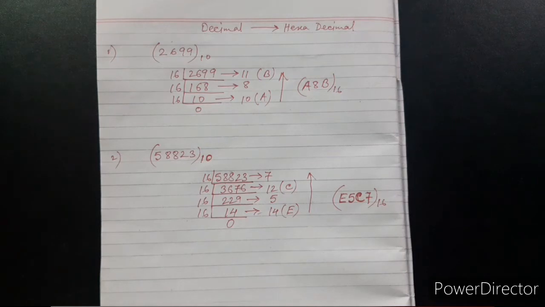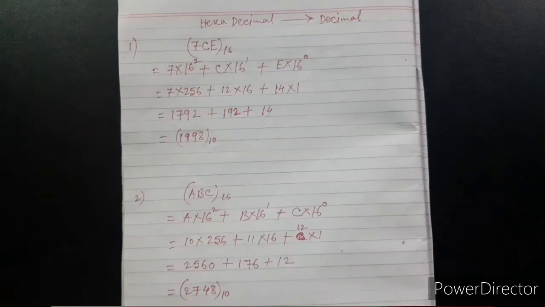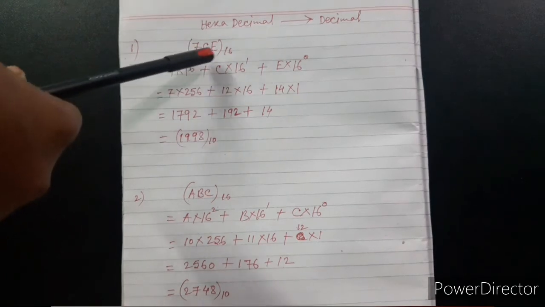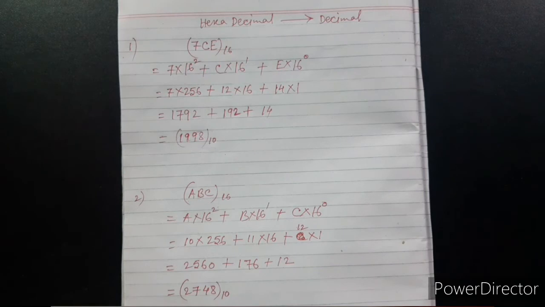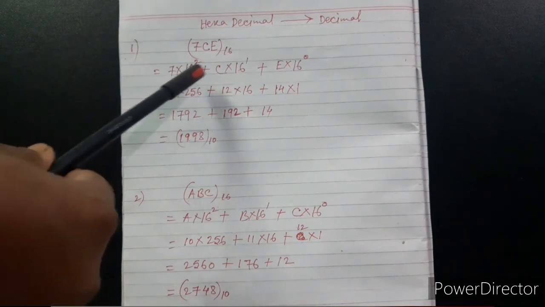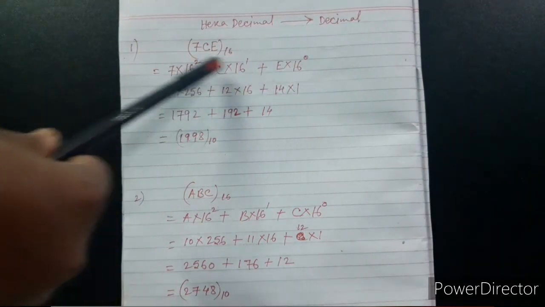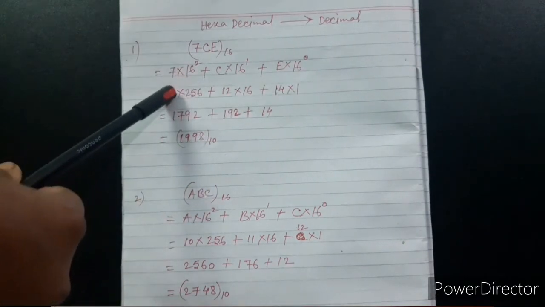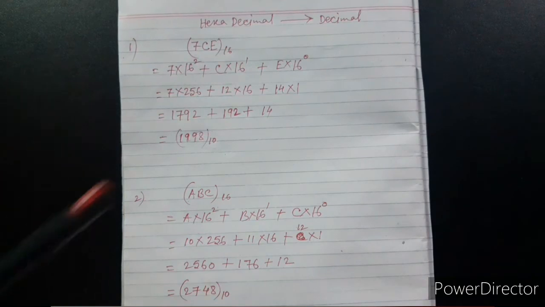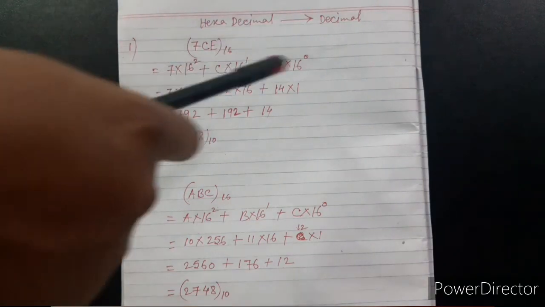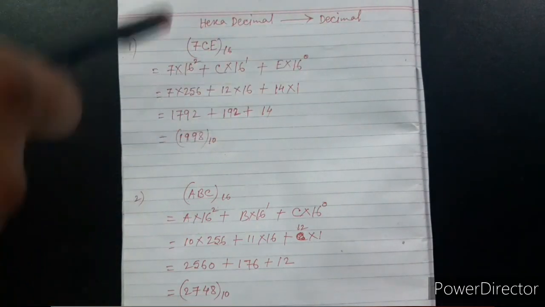Now the next conversion, hexadecimal to decimal conversion. The first hexadecimal number is 7CE base 16. We just write the digits like this, 7, then C, then E, and then multiply each digit by the power of 16.